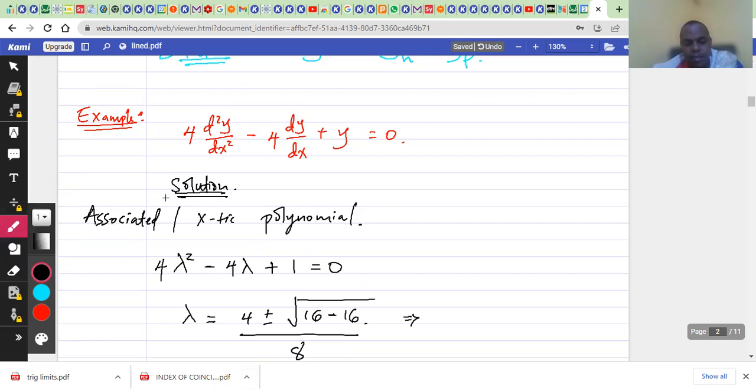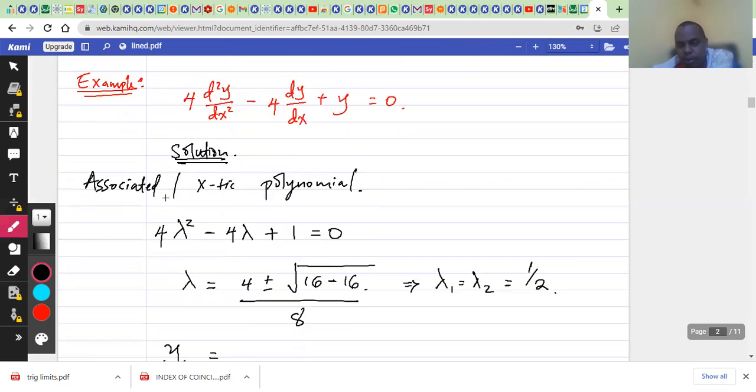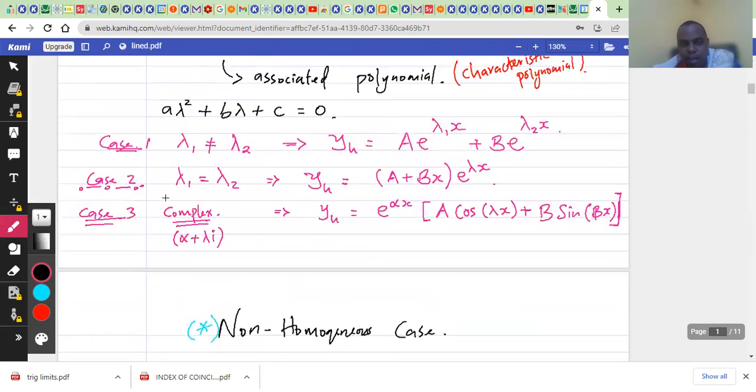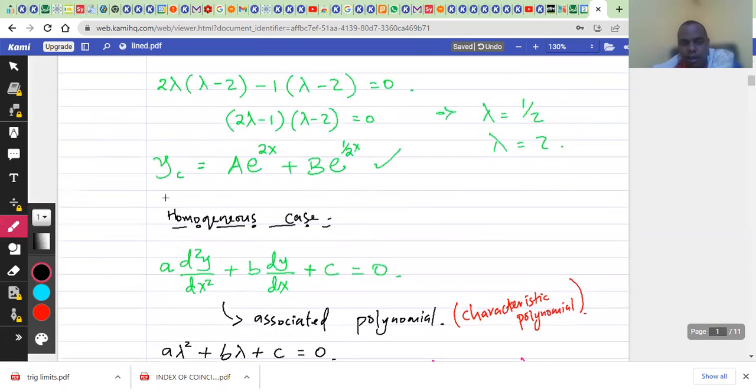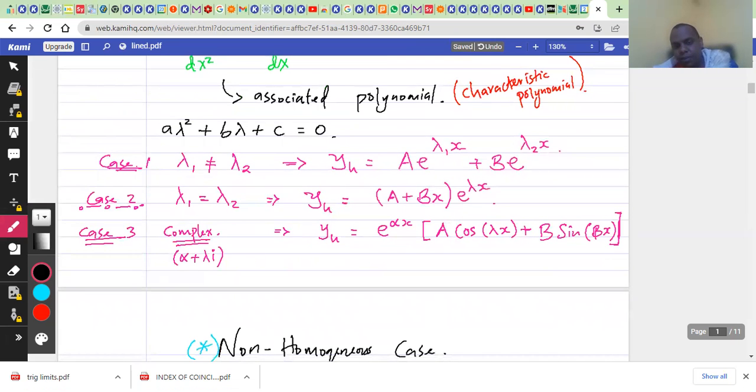This is a case where lambda 1 equals lambda 2, and it's going to be a half. So what is the solution? The homogeneous solution, we can go up to the table up there. This is case 2.